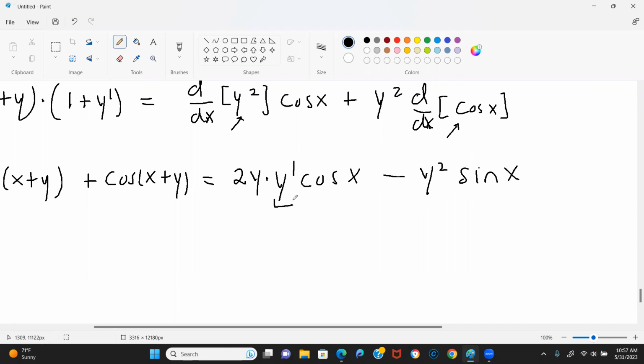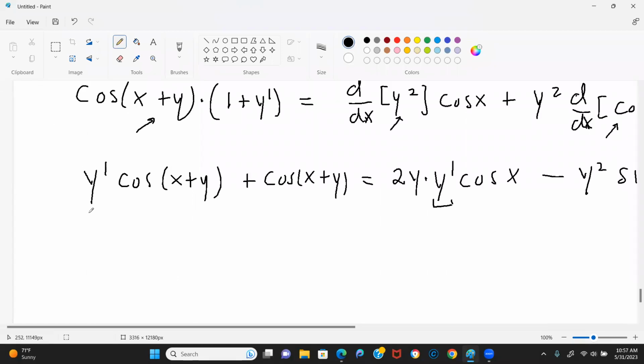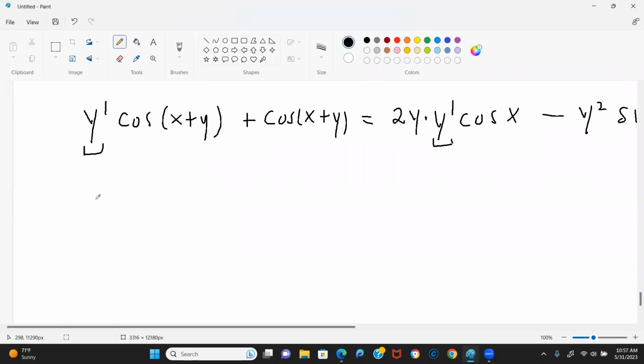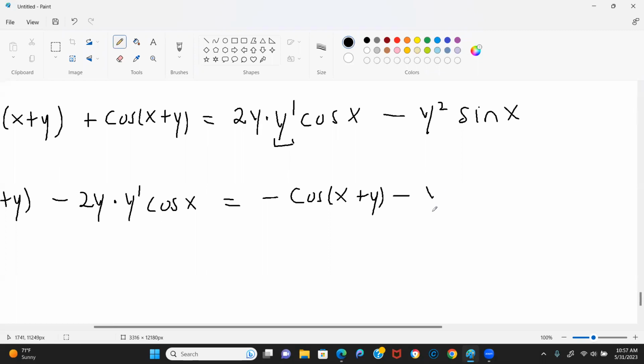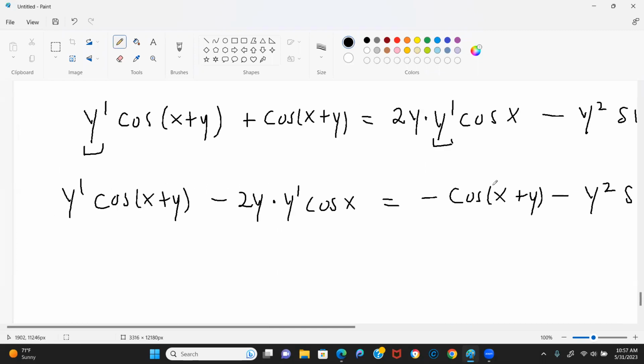And so we have a y prime here and then a y prime here. So let's put those terms together. We're going to get y prime cosine of x plus y minus 2y times y prime cosine of x is equal to negative cosine of x plus y minus y squared sine of x.